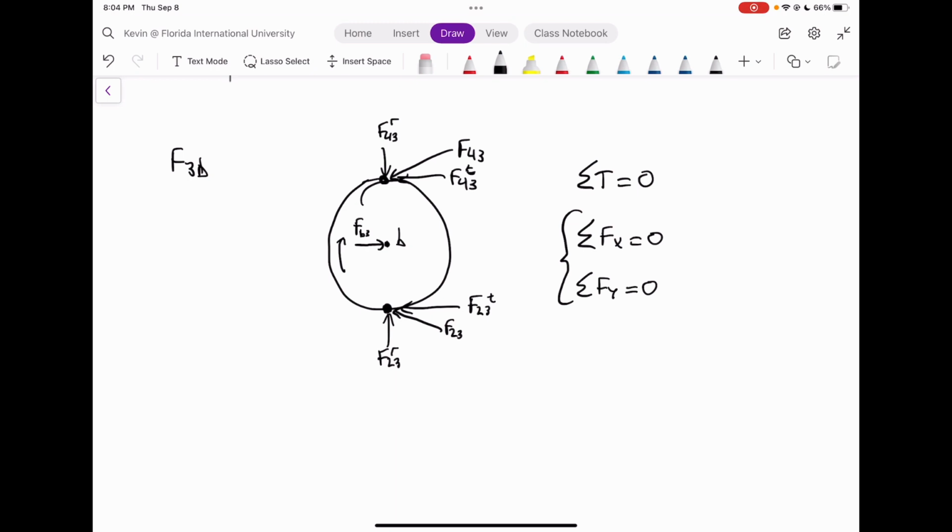So we're going to say that 0 is equal to FB3 in the direction. So we're going to say that this is positive X and positive Y. And we're going to do that the sum of forces in the X direction is equal to 0 first. So we have FB3 minus F23T minus F43T.